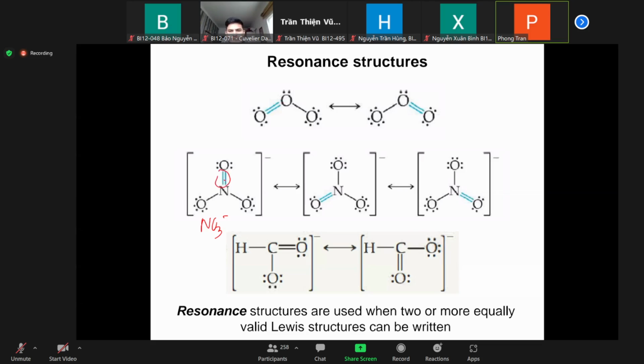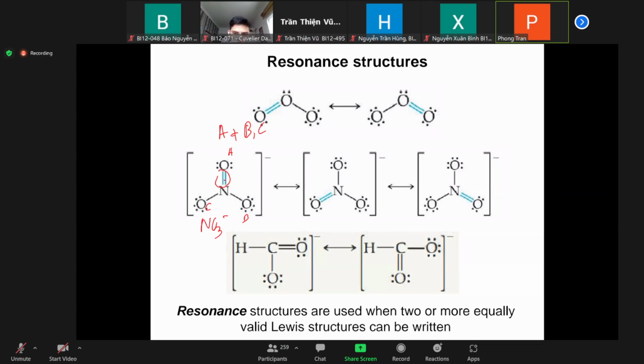and if you put this double bond on oxygen A, B, and C, you will see that oxygen A is different compared with B and C, right? But actually, experimentally, in the molecule of NO3 minus, as well as in CO3 2 minus, you cannot distinguish the oxygen A, B, and C. The three oxygens are exactly identical.